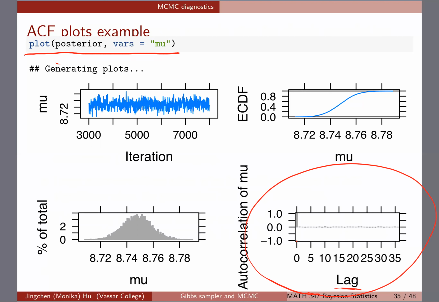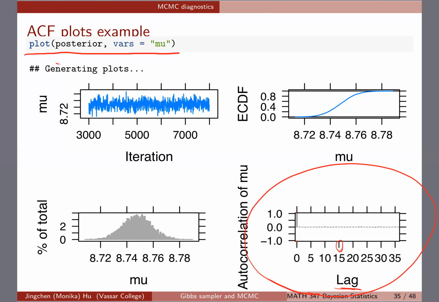Lag 1 is like looking at the correlation between the current draw and the next draw. And lag 15, for example, would be looking at the current draw and the 15th one after, like between me and that one there are 15 draws in between. Right? So when the lag is 0, it's always going to be 1.